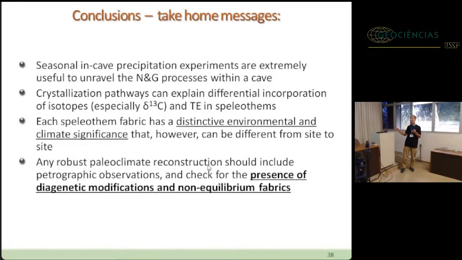And for this reason, I want to stress, as usual, at the end of my presentation, that any robust paleoclimate interpretation should include petrographic observation as a start, to check for the presence of diagenetic modification, but also for non-equilibrium fabric. So this should really be the starting test of our speleothem analysis.